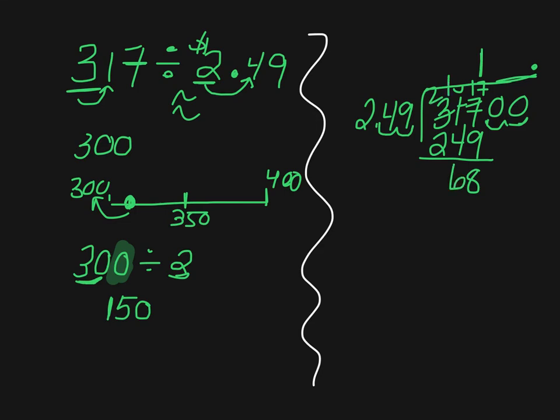All right, we check, 68 is less than 249, so let's bring down our next one. And I'm estimating that that's going to go in twice, just based on some facts that I'm doing in my head. So 249 times 2 is 498.